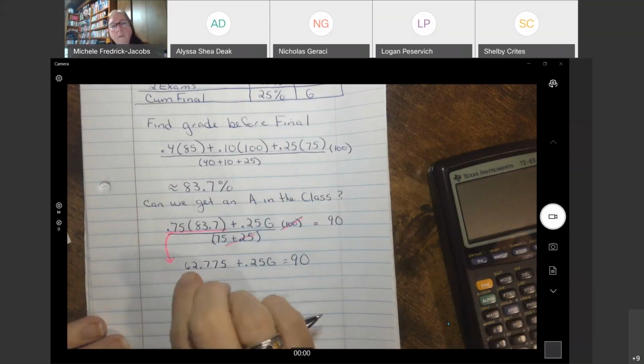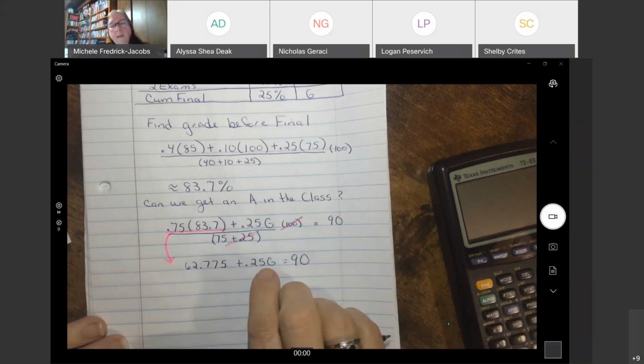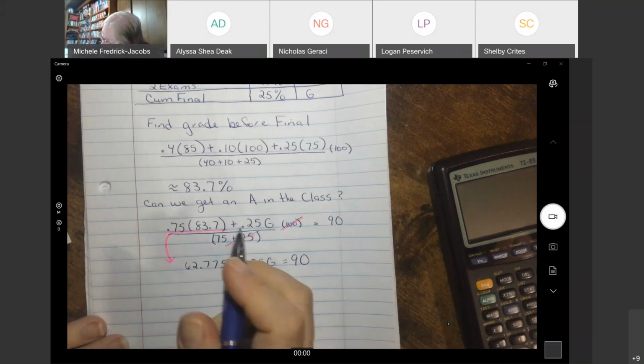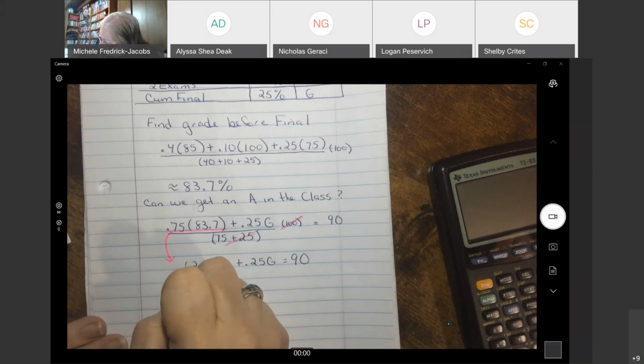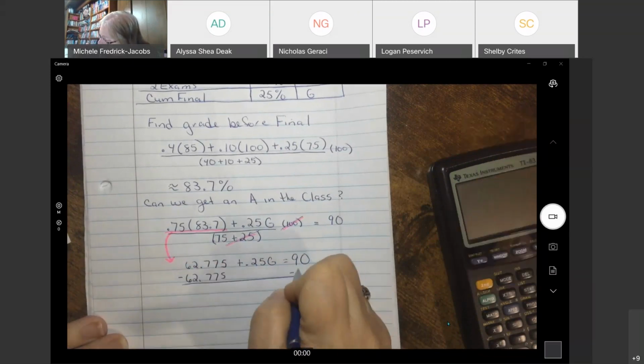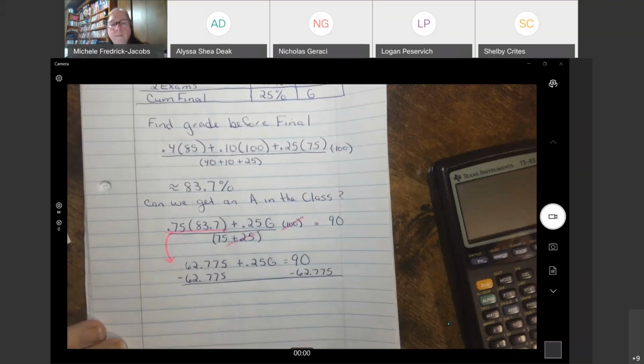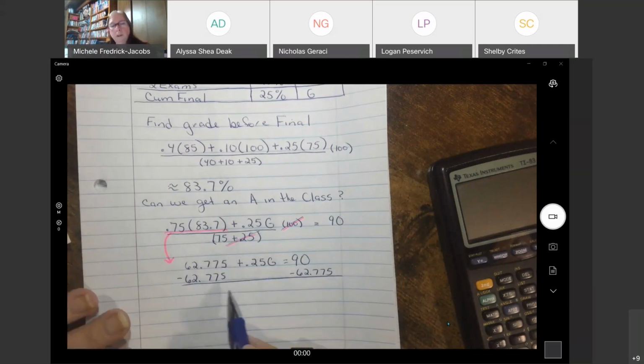Now you're solving an equation. You're trying to get this by itself, so you subtract this. Cancel, and you don't have to show writing this part.